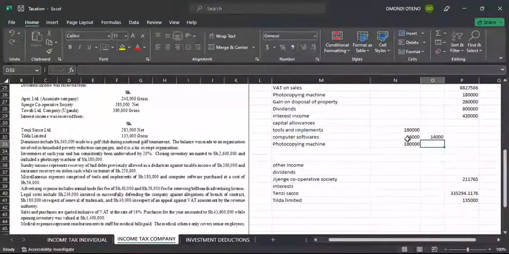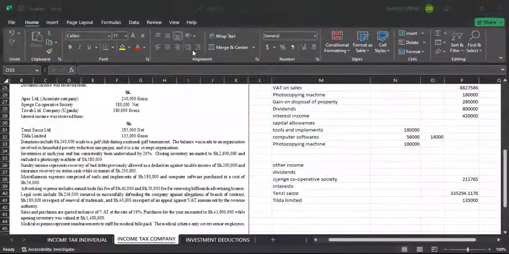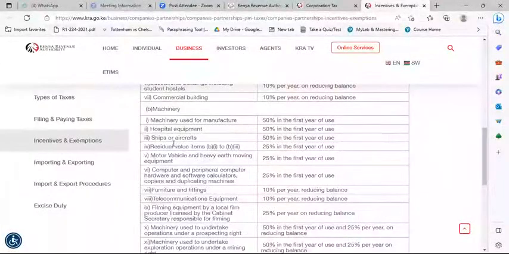Then photocopying machine. Photocopying machine, what are you going to do with it? Let's check the rate. We are being told here that we have computers and peripheral computer hardwares and software, calculators, copiers and duplicating machines.